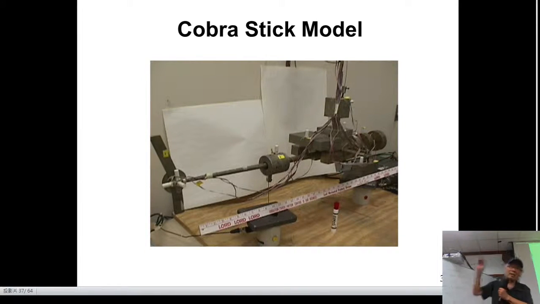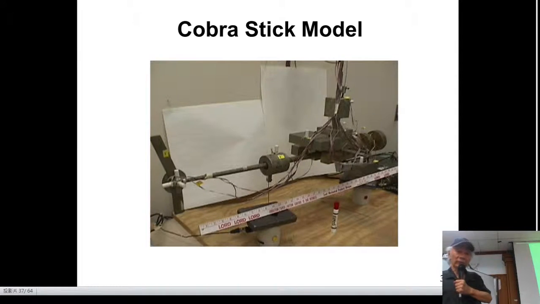Okay, let us talk about the Cobra stick model. If you look at these pictures, this does not look like a Cobra. But when we do simulations, we just simulate the Cobra environment.